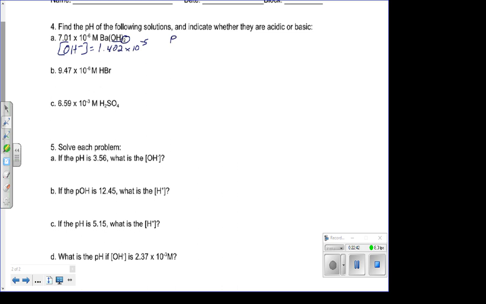From that, we can get pOH, which is about 4.9. And then subtract that from 14 to get our pH. And that's above 7, so it's base.